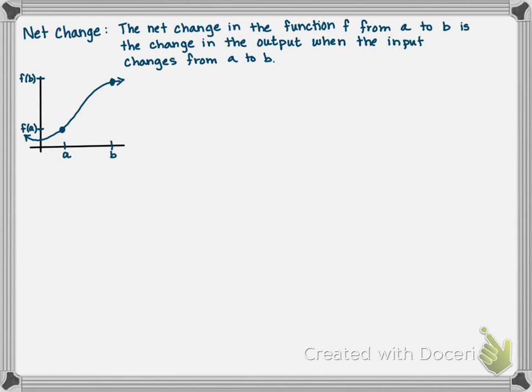So when we find the net change, we are just finding this distance right here. So this is our net change. I think we talked a little bit about, when we were talking about intervals, how you always want to think of walking along the number line from left to right. So the same is true in 2 dimensions.